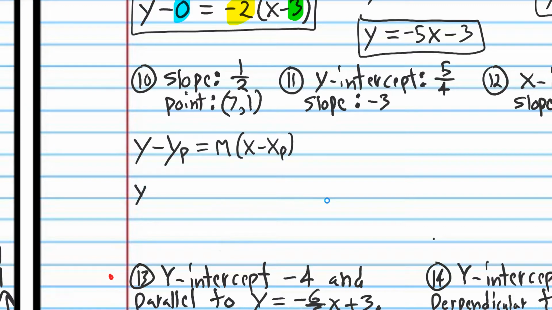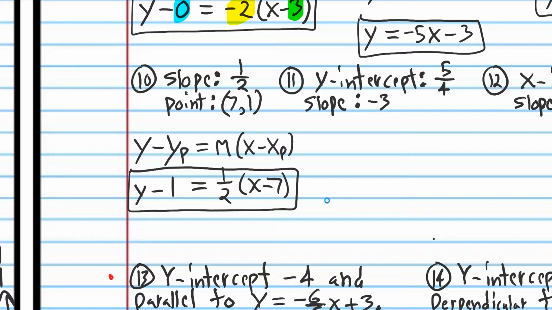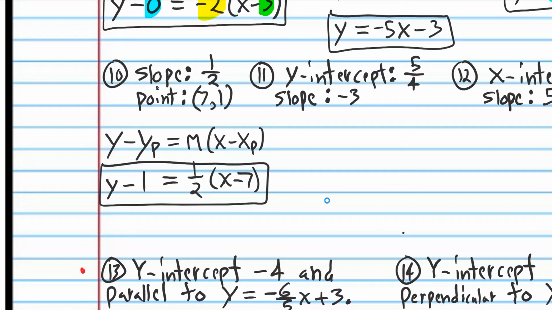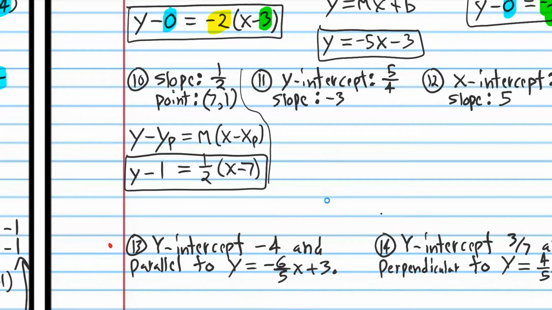So the y value is 1, the slope is 1/2, the x value is 7, and it's just that simple. You're done. So if you know what you're doing when it comes to those equations, that one was pretty easy. Try number 11, and when you come back, we'll do it together.